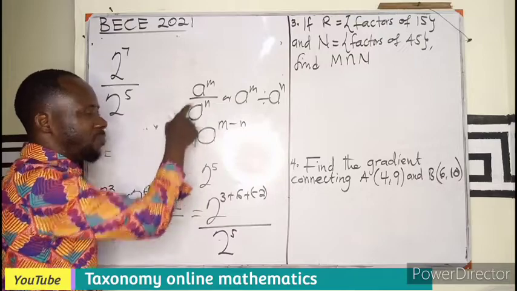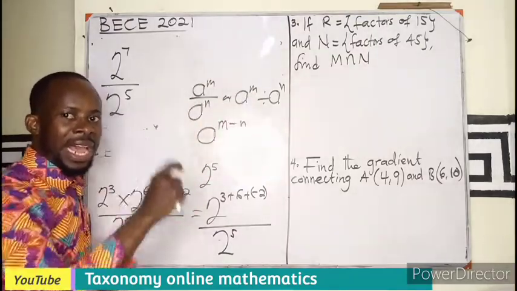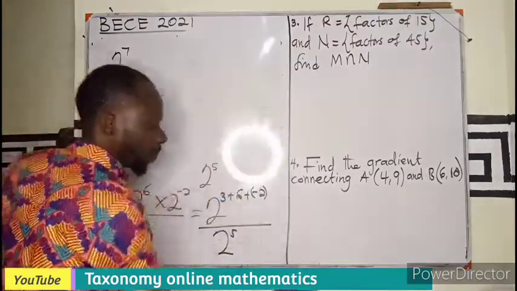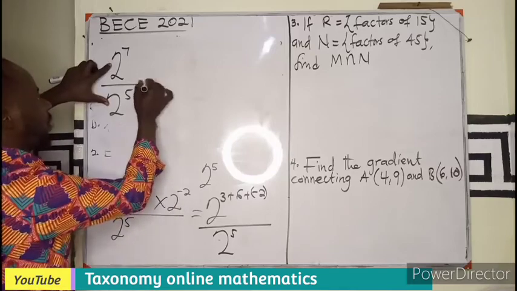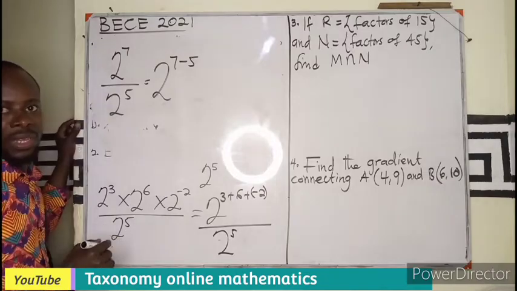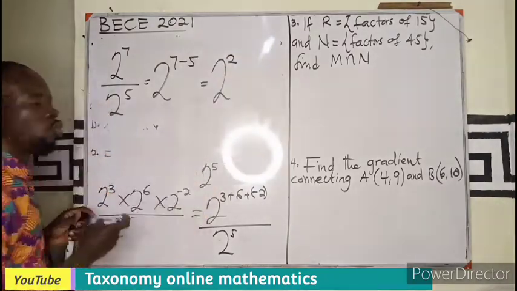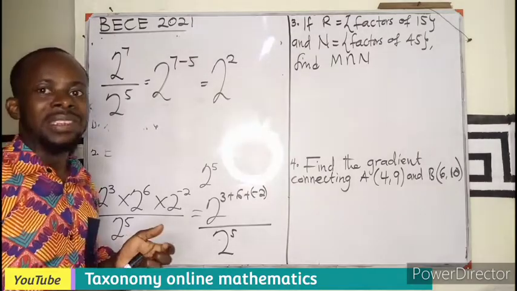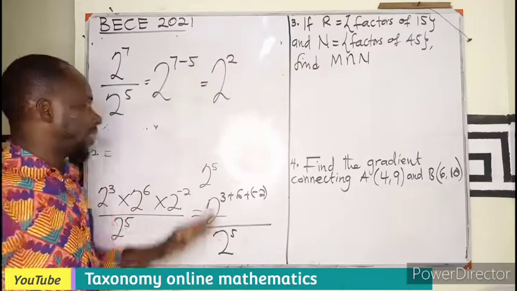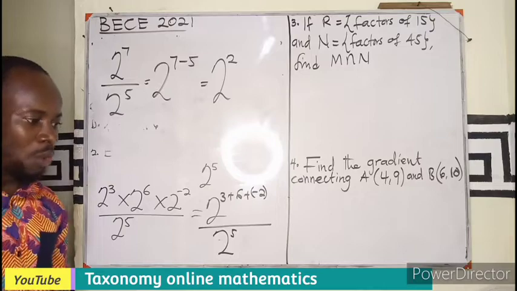If you are dividing bases of the same kind, you will only subtract their exponents. So this is going to be 2 exponent 7 minus 5, and I believe that will give us 2 exponent 2 as our final answer. 2 exponent 2, we know we can rewrite this as 4. But since this is section A, on the possible answers, the answer will be C.